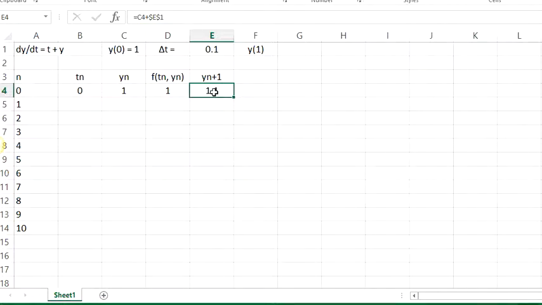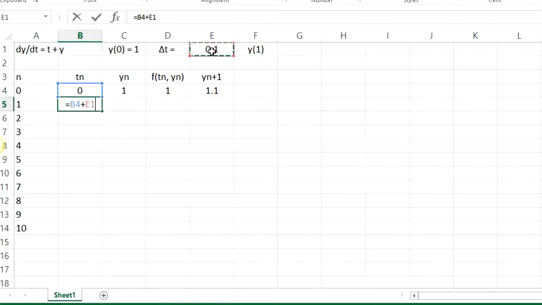That gives me my new y value. Then t sub n for the next step becomes the previous t plus delta t. I'm going to fix that delta t again because I want to keep referring to it in case I want to change delta t. So now it's 0.1, and my new y is equal to this previous one here.